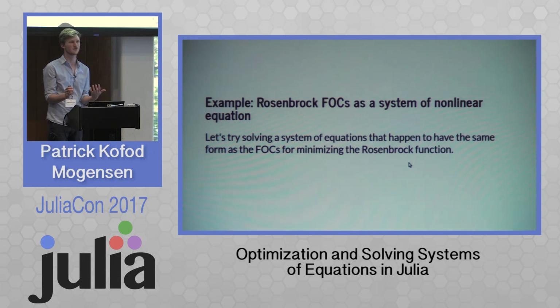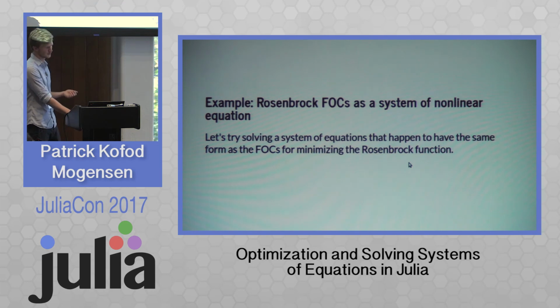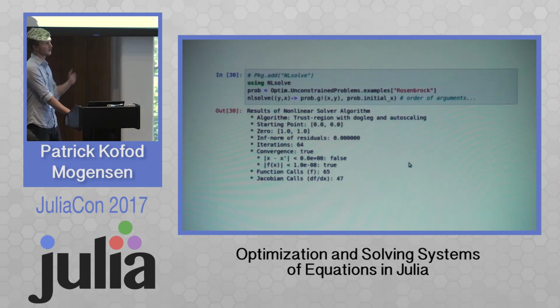As I said, it's not the same as optimization, but we can still try to solve the first order conditions from the Rosenbrock function problem using NLsolve. This is just to have some system of nonlinear equations that we want to solve. We could just set the gradient of the Rosenbrock function equal to 0.